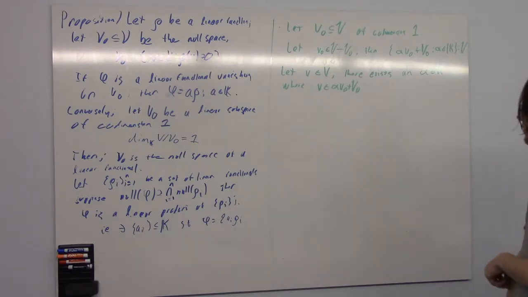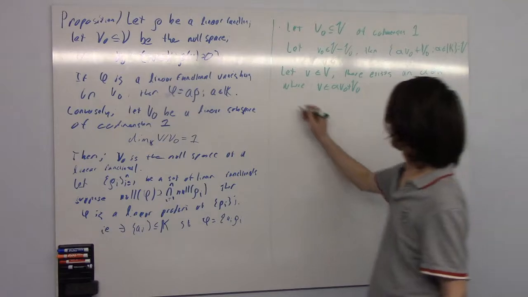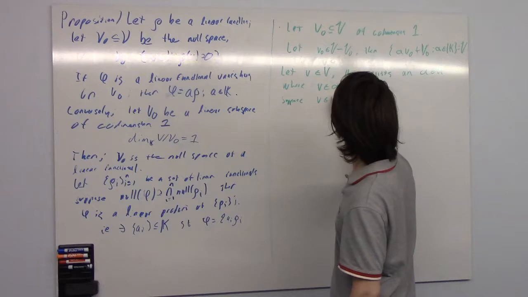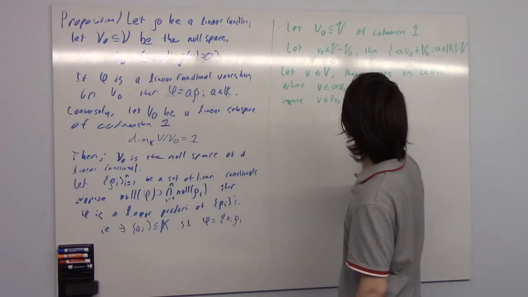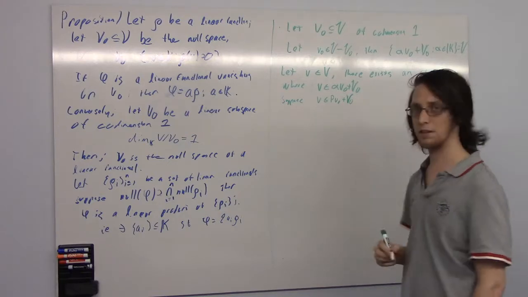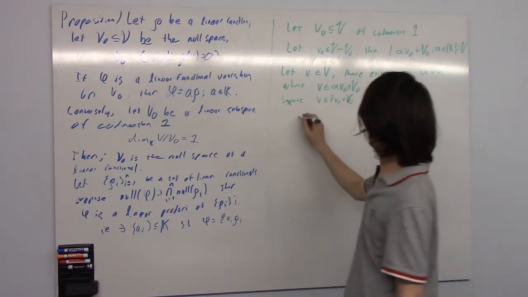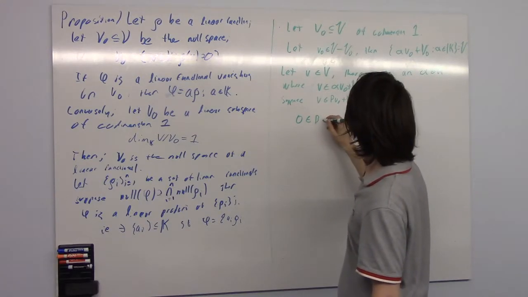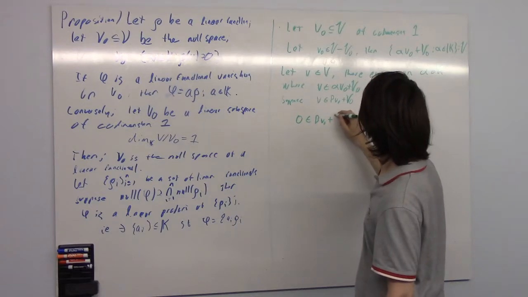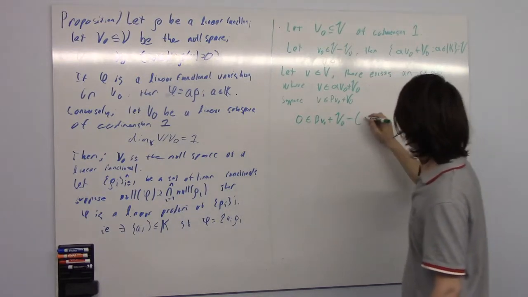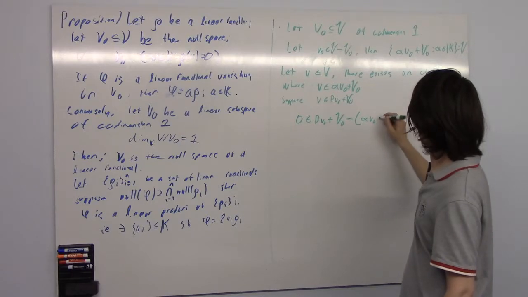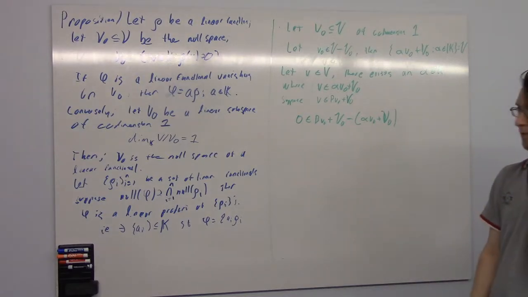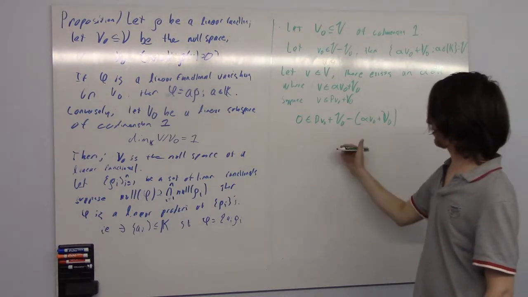Okay, so suppose you had some beta. Suppose v is an element of beta v naught plus V naught. Right? Then 0 is an element of beta v naught plus V naught minus alpha v naught plus V naught. So I can move this over here.